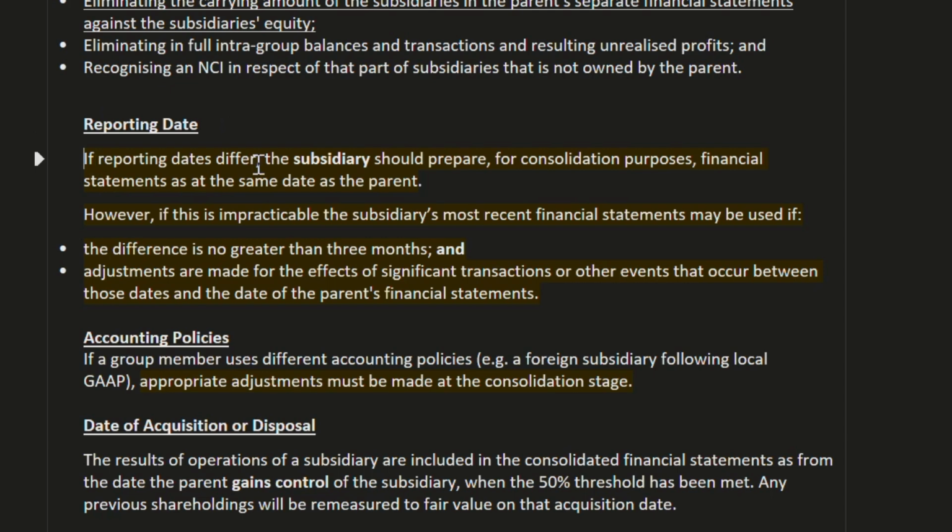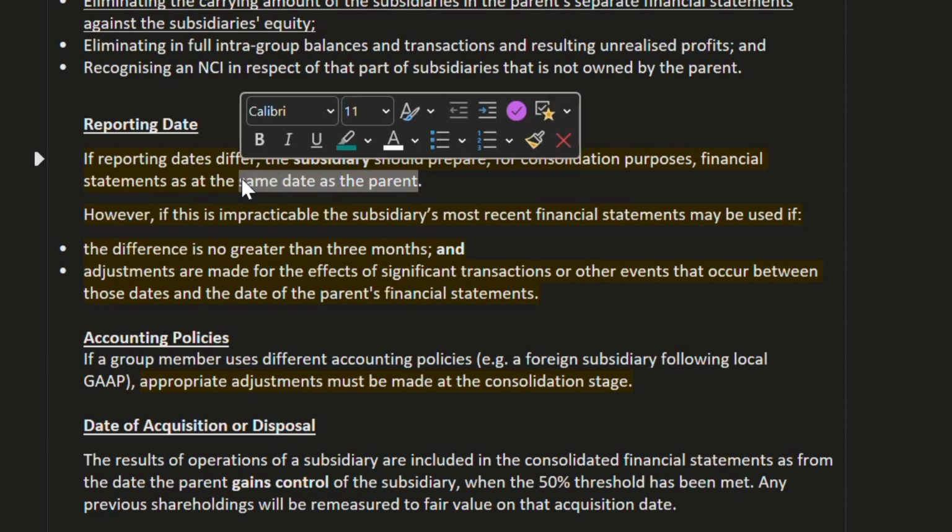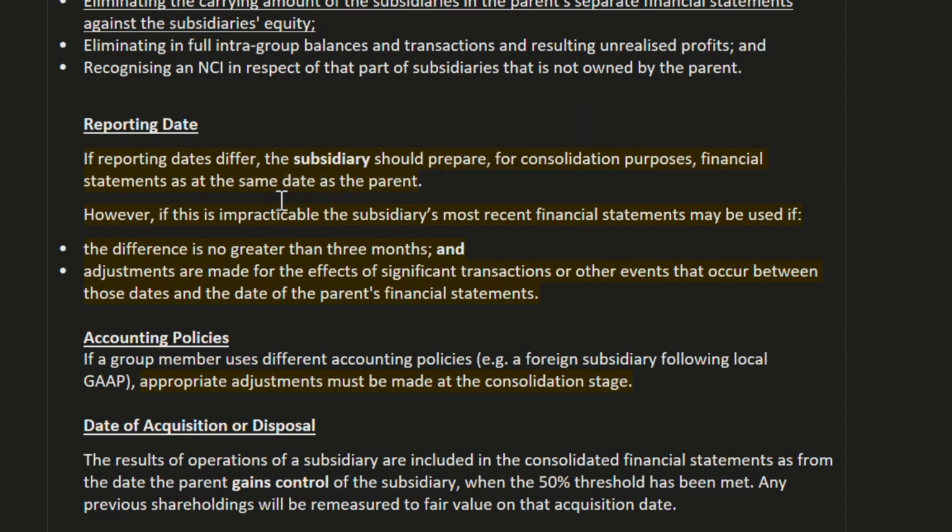Now, reporting date. If reporting dates differ, the subsidiary should prepare, for consolidation purposes, financial statements at the same date as the parent. So the subsidiary will prepare financial statements for consolidation at the same date as the parent prepares its financial statements.